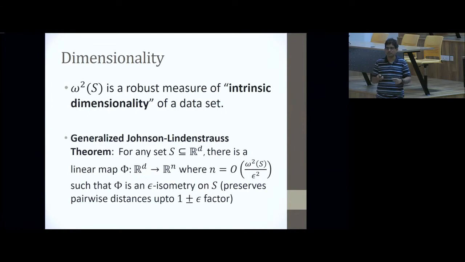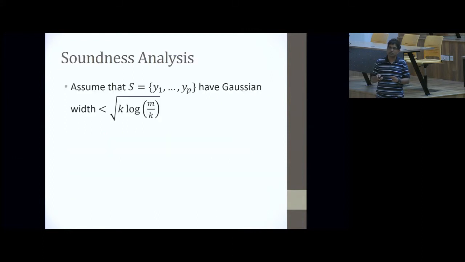I'm not going to go over this, but basically instead of the dimension, you have the square of the Gaussian width up here. So our soundness analysis is basically this. You have some set of vectors y1 through yp, and they have Gaussian width.